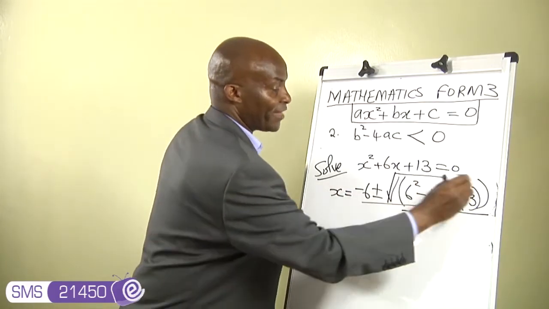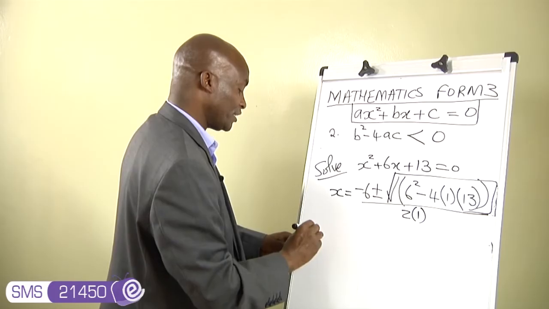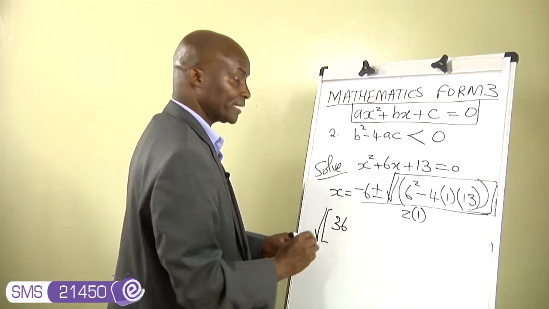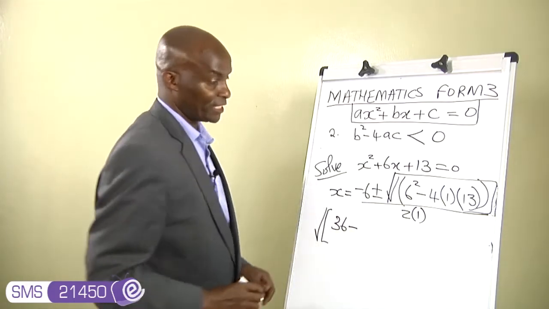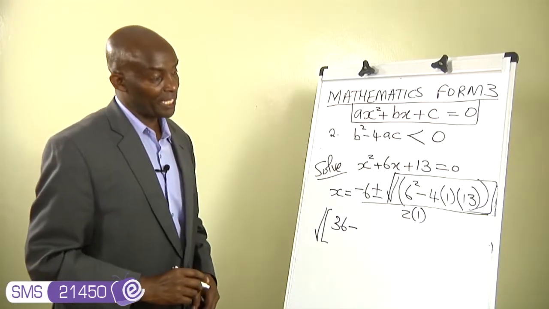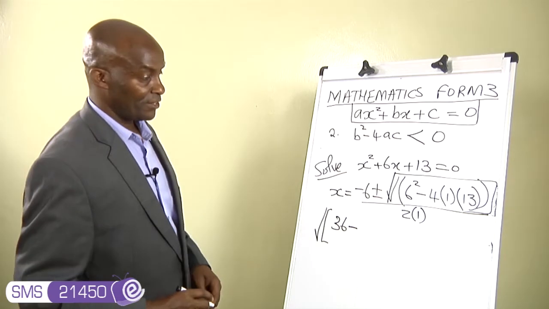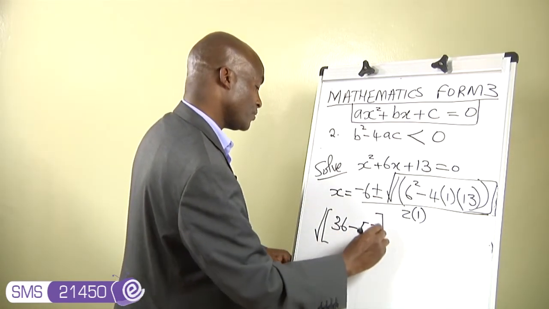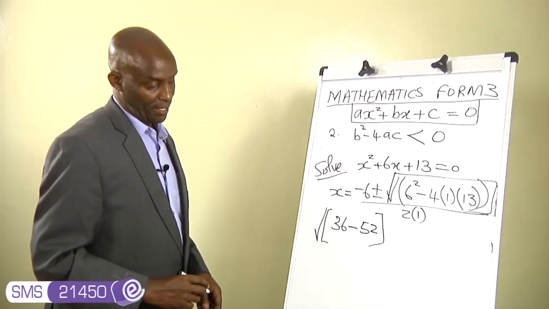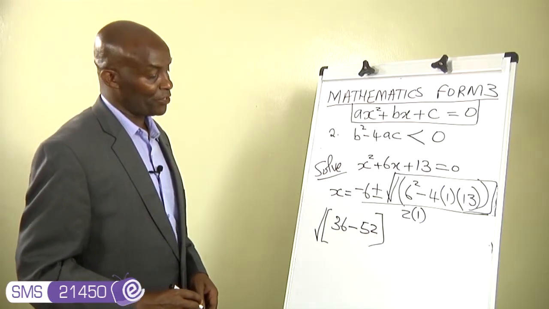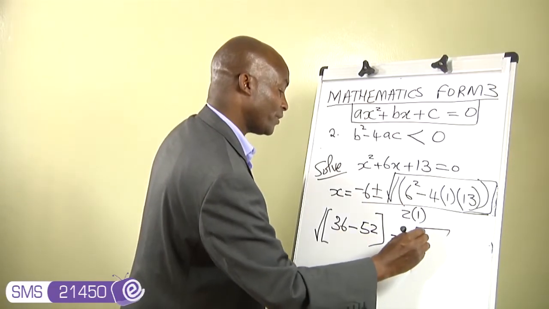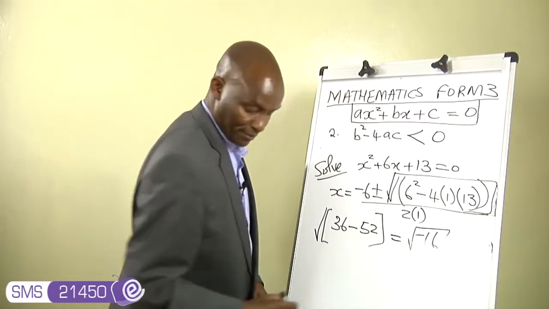Looking at this part here, we have the square root of 6 squared, which is 36, minus 4ac, that is 4 times 13, which should give you 52. And when you do the subtraction, you get the square root of negative 16.